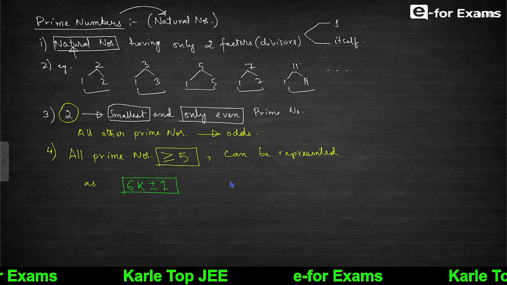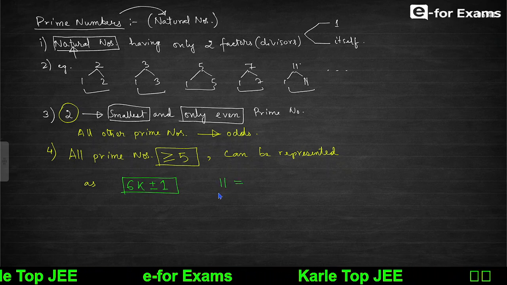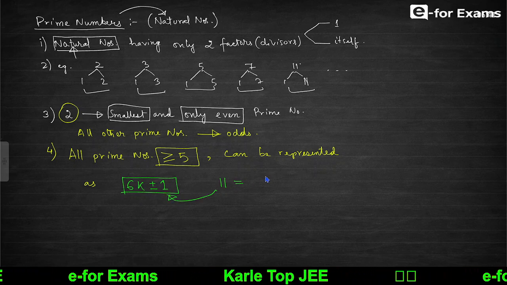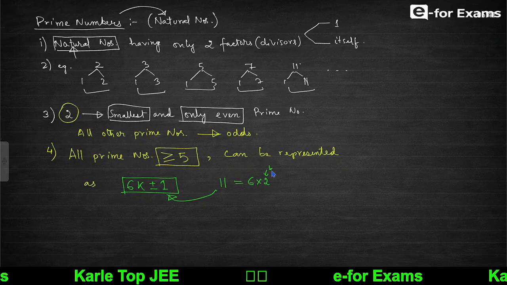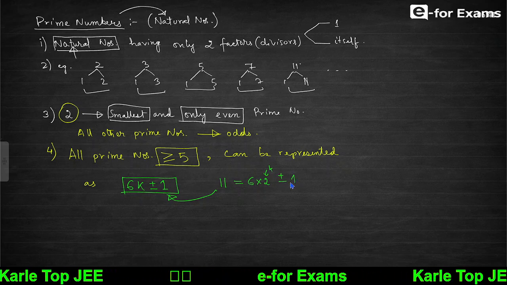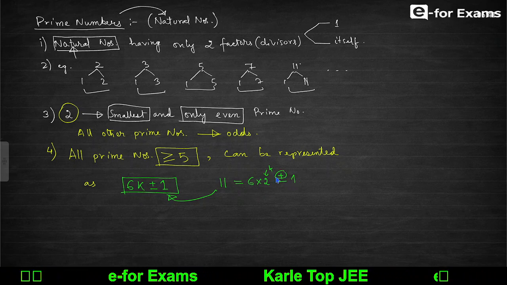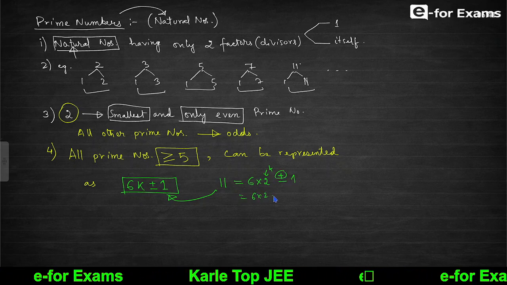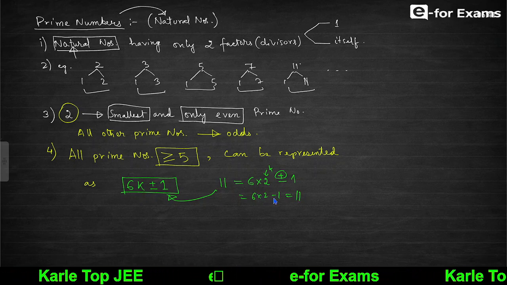If you take any prime number, for example 11, we can represent this in the form of 6k plus or minus 1. 6 into 2, where 2 is k, minus 1. So here we use minus, not plus. 6 into 2 minus 1 equals 11. So 11 can be represented as 6k minus 1.